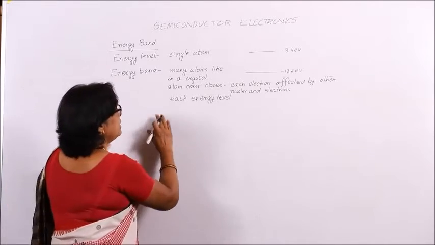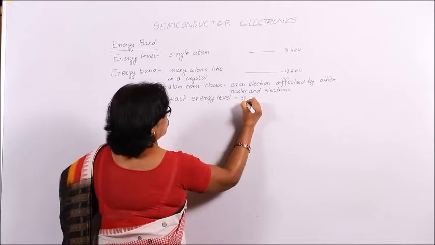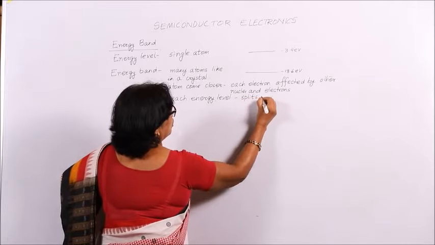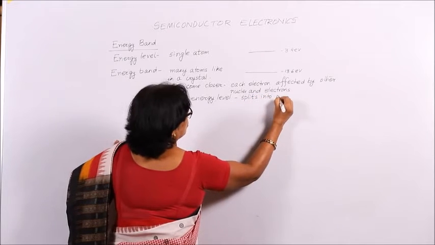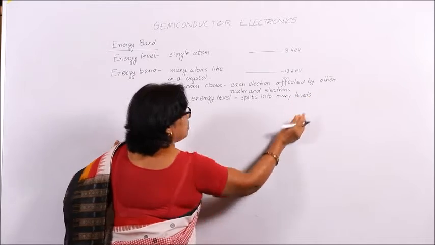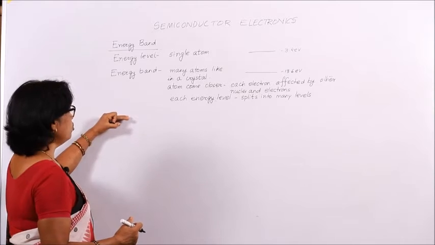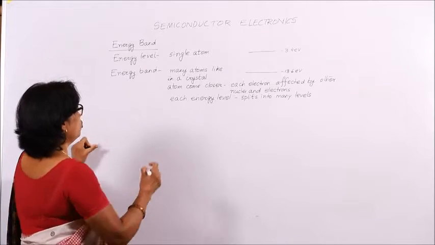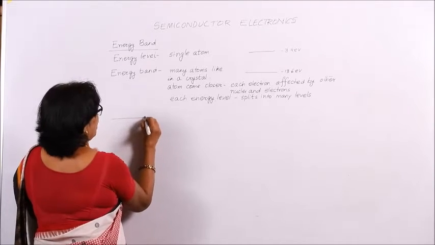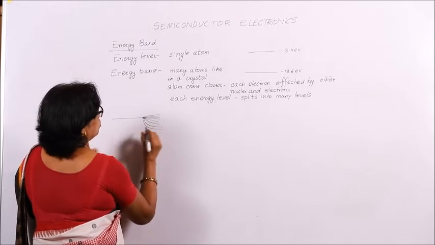So we say that each energy level now spreads, or splits, into many levels. It can have different values now. So one single level now spreads into many levels, and these are the possible values.